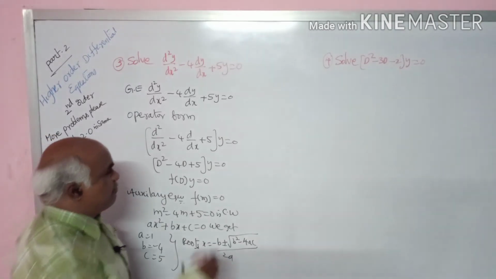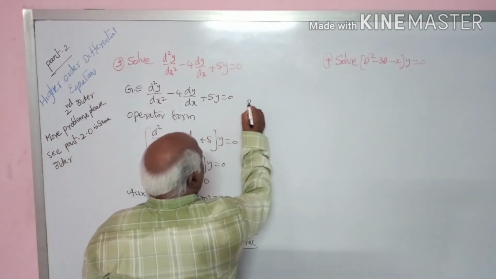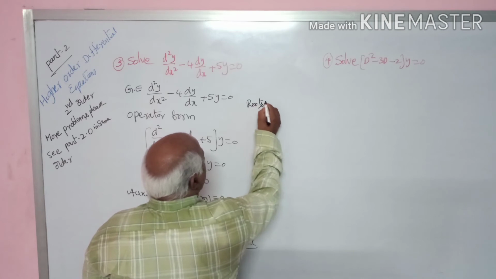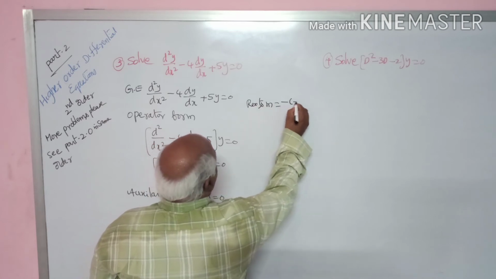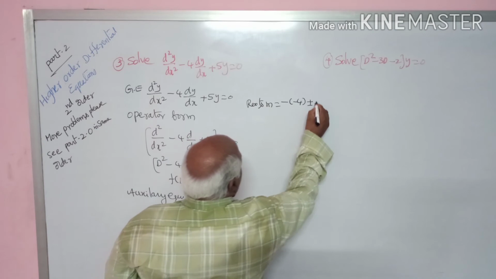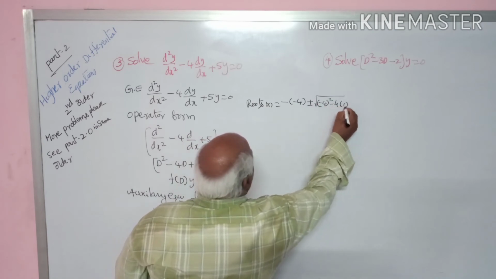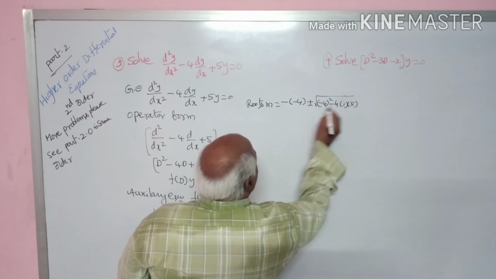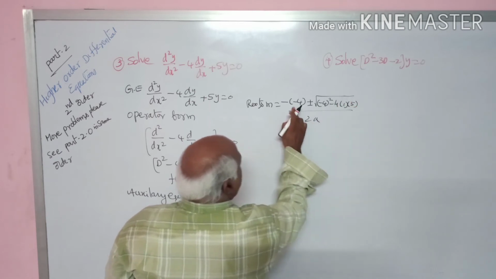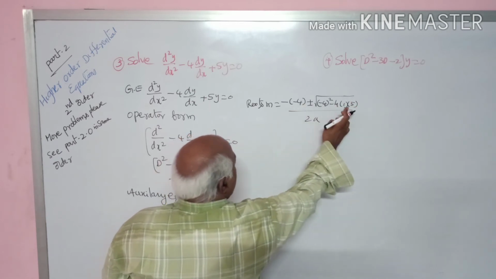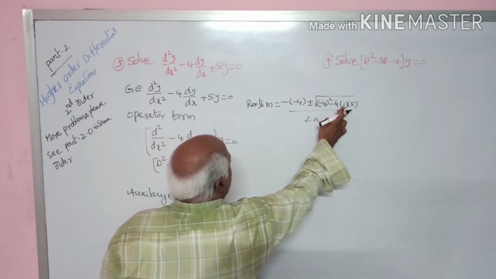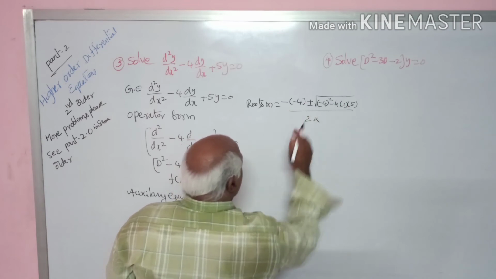Next, come to the problem. Roots m is equal to minus of minus 4 plus or minus root of minus 4 whole square minus 4 into a into c by 2a. The b value is minus 4, the c value is 5, and the a value is 1.